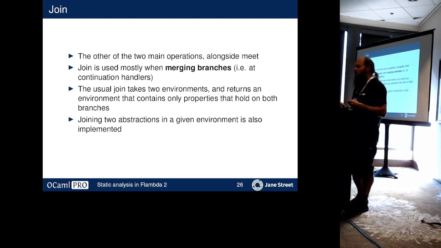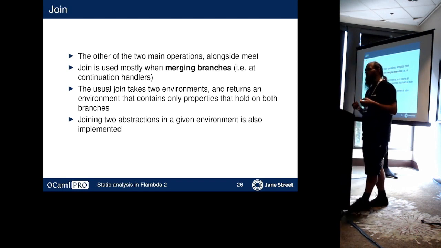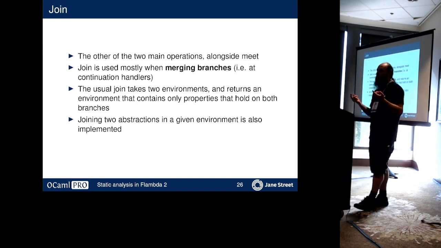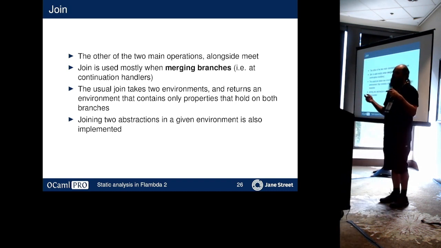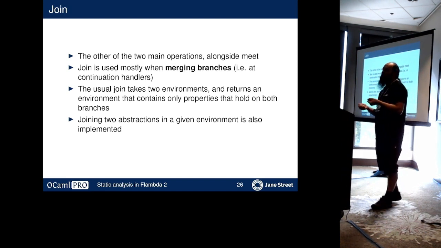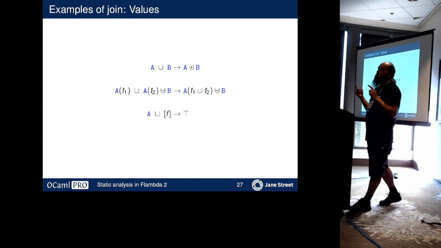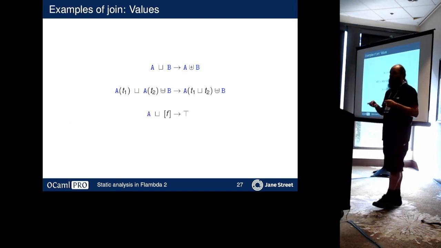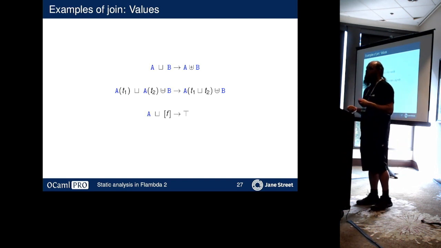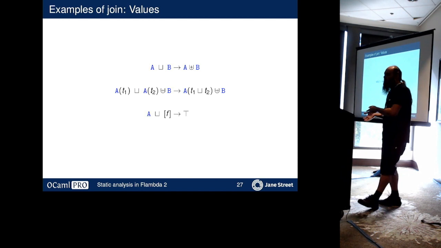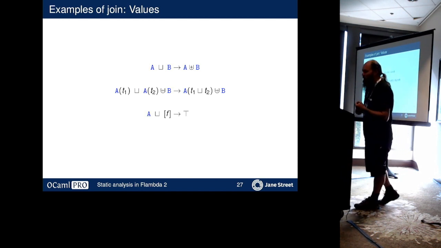The other side: we had the meet, and we need the join to be able to produce things outside of merging branches. So when you have an if, at the result of the if you need to put something that is a join. So meet is on types, and join is on environments. Since the environment basically represents the flow of information inside the program, the flow of values, you have to join the environments.